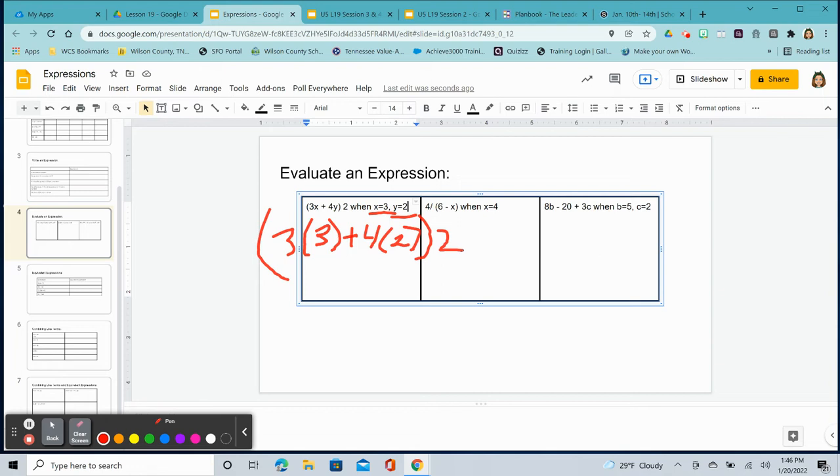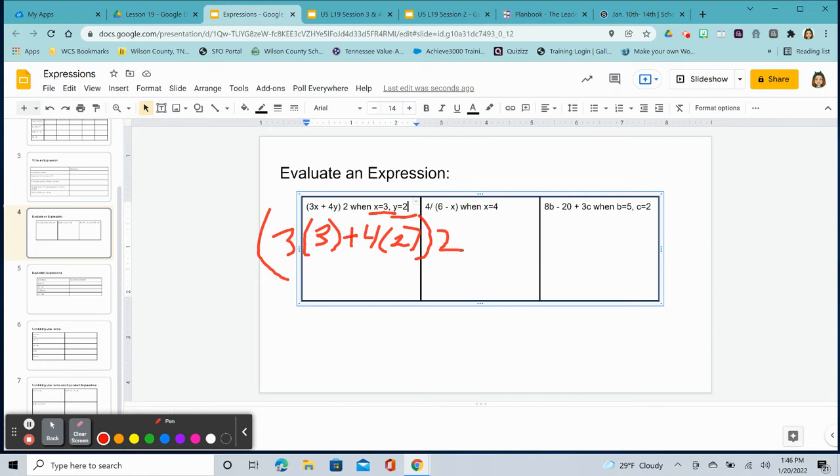And then we just follow order of operations from here. So order of operations says that I have to begin in my parentheses, my grouping symbols. And then within that grouping symbol, I have multiple operations, so then I would follow order of operations from there as well. So it's like having an expression within an expression.